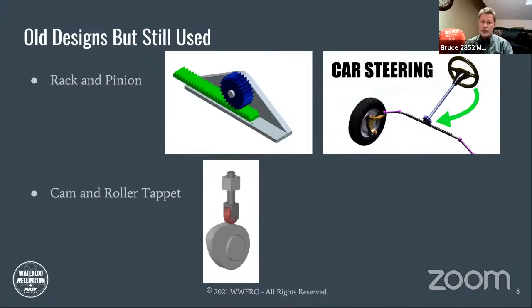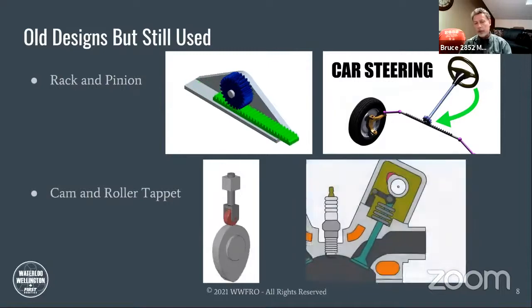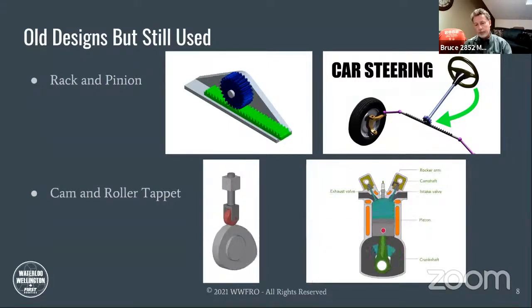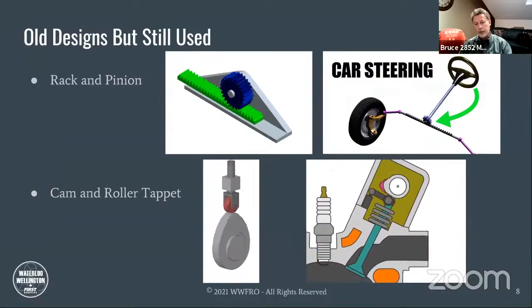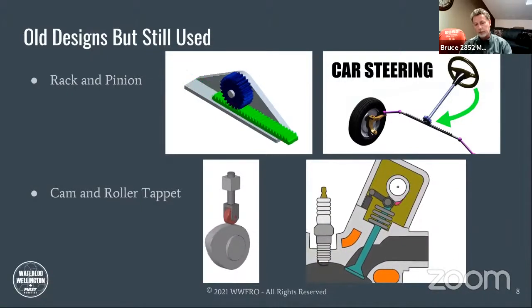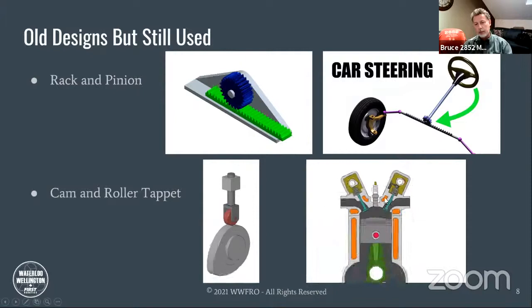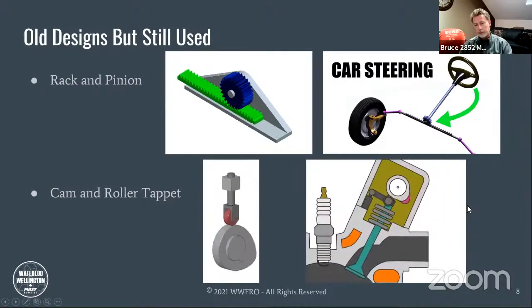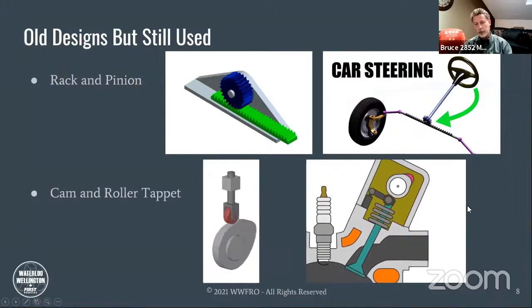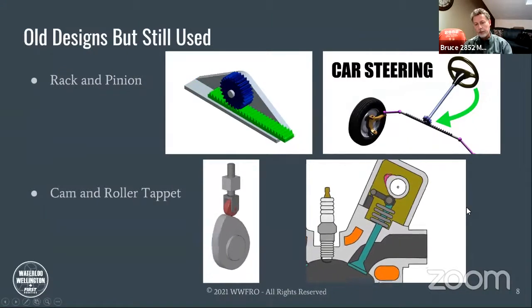And once again, this is another common application that's used in an automotive engine. And that cam is opening, in this case, the intake valve. You can see the intake valve, the spark plug, and the exhaust valve. And you can see that it's timed to open for a certain amount of time.